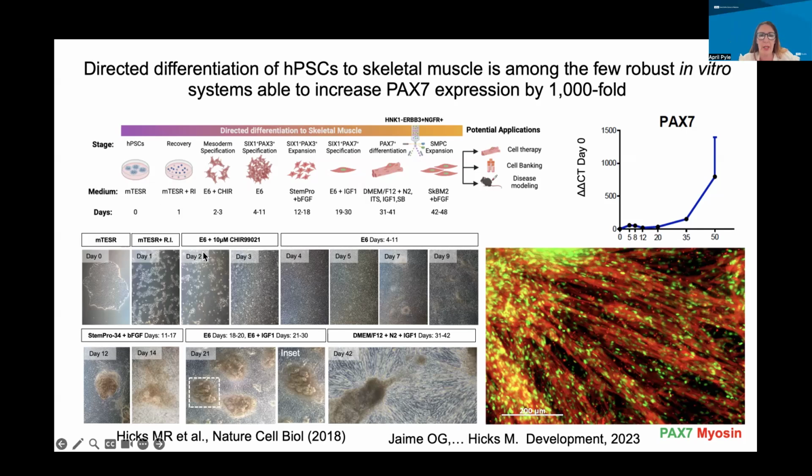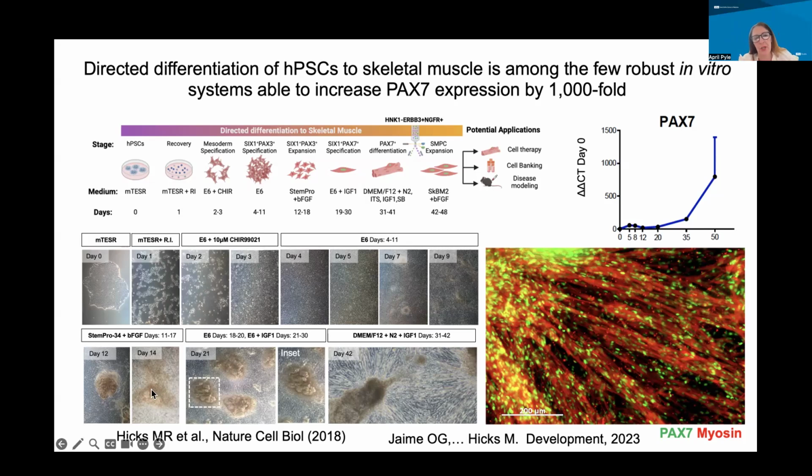And so in this case, we are differentiating them towards skeletal muscle. You can see we have little differentiation regions. I don't know if you can see it very well, but this is happening when you add CHIR at this time point. These will continue to grow out, and then you will start to see in E6 media, which we use routinely, these clusters of cells.